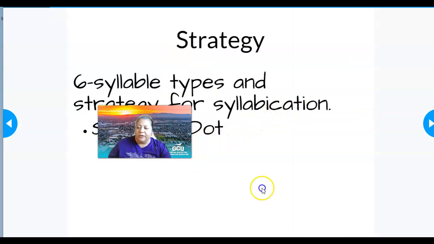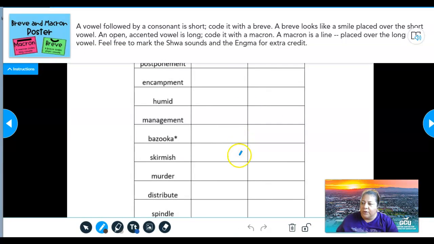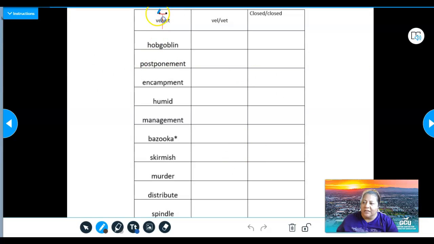So now we go into a strategy that I was providing for all of you on how to help teach this to your students. It's called the spot and dot. And what you do is dot the vowels in a word.